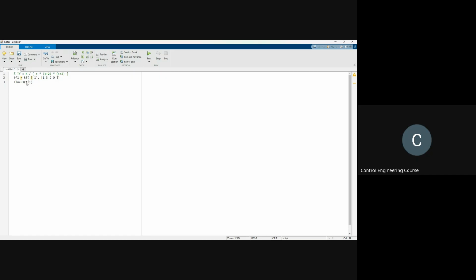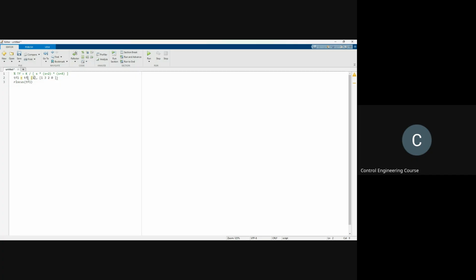I am considering K equal to 1 for simplicity now. We can change K later and see how the locus varies. TF is the keyword for writing transfer functions; you can name the variable anything on the left-hand side.